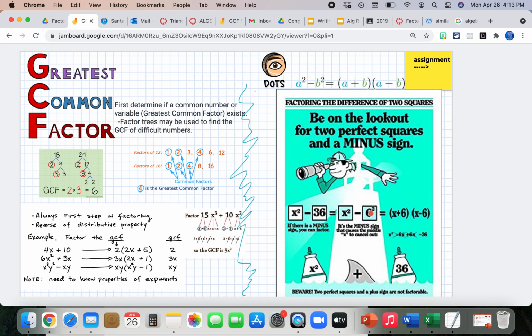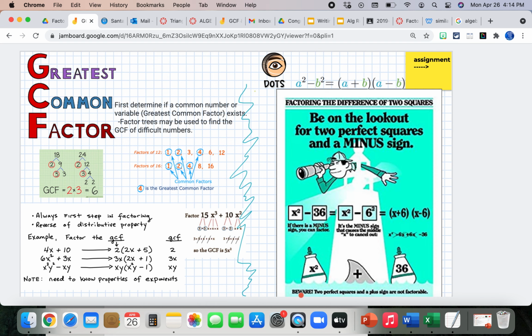And it says right here, down here, if there is a minus sign, you can factor. It is the minus sign that causes the middle x terms to cancel out. So the middle terms get canceled out when you actually multiply this in, and that's why you get those answers. So the positive and the negative will create the middle terms that cancel out each other.